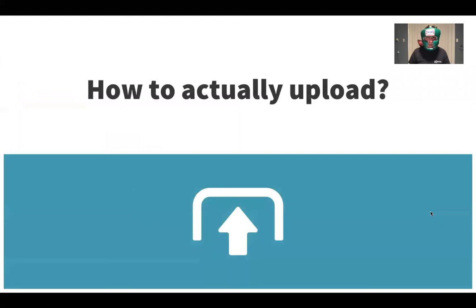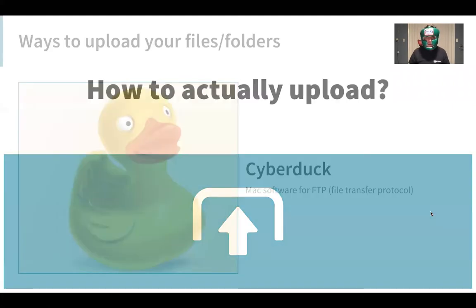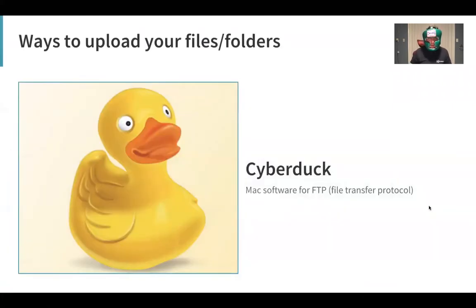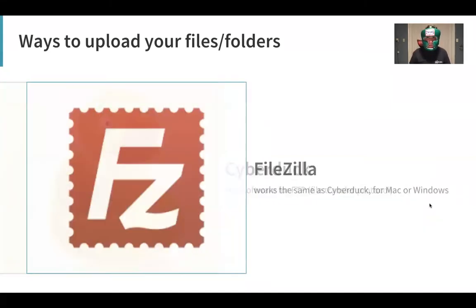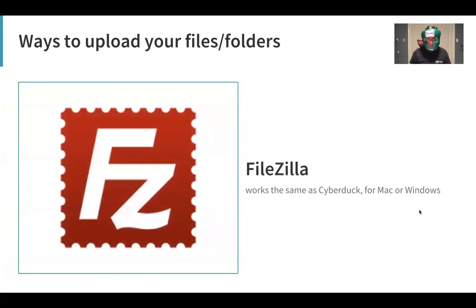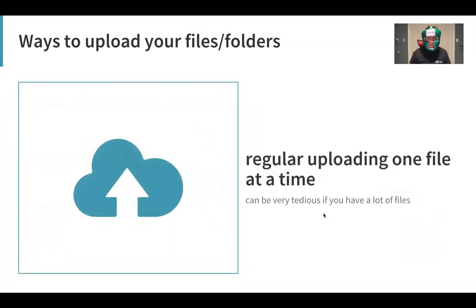So how do we actually upload through FTP? One is a software called CyberDuck. This is a Mac software for file transfer protocol. You can also use FileZilla. It works the same. It's good for Macs or Windows. Or we could regularly upload one file at a time, which could get kind of tedious if you have a lot of files.